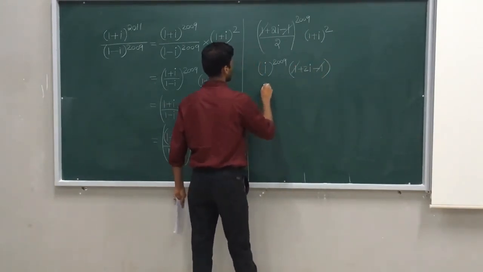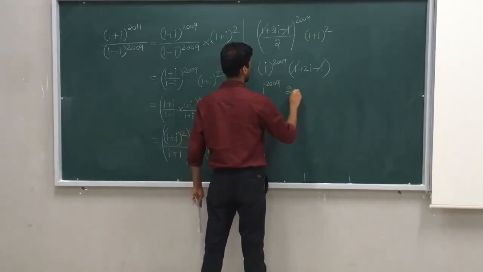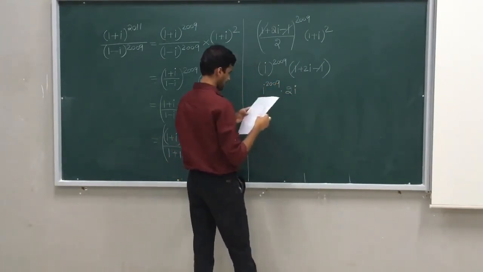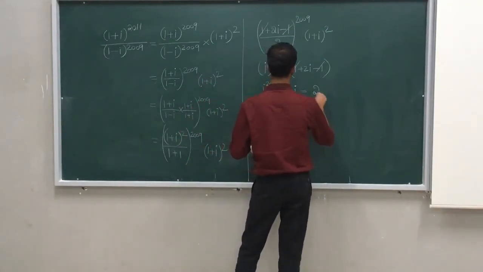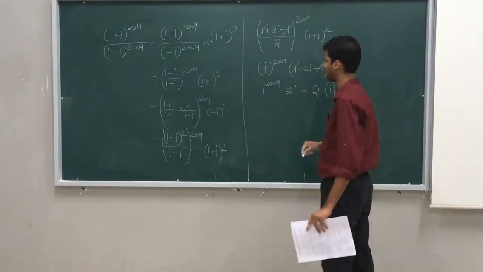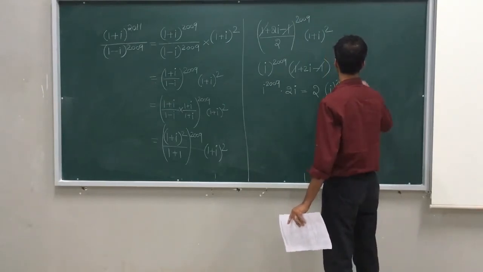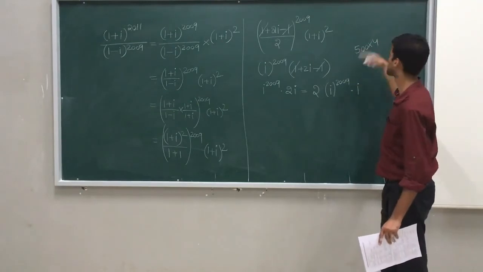So it is i power 2009 into 2i. Okay. Now they expect it in the simplest form: 2 into i power 2009 into i. If I take 500, 500 fours are 2000.